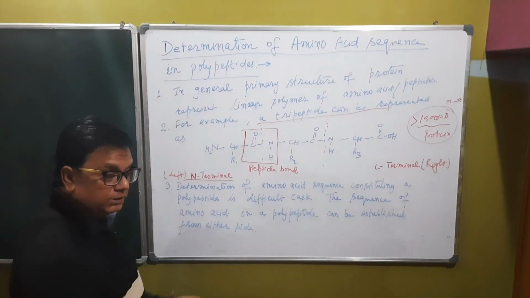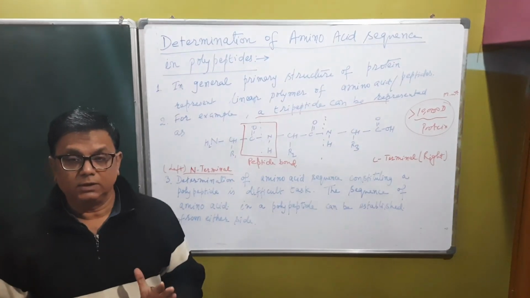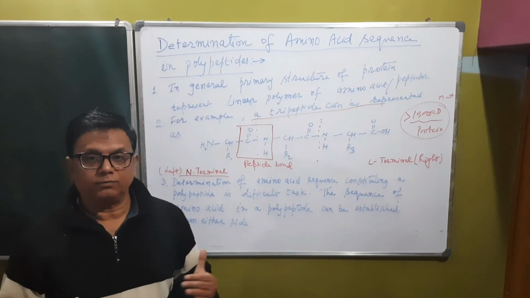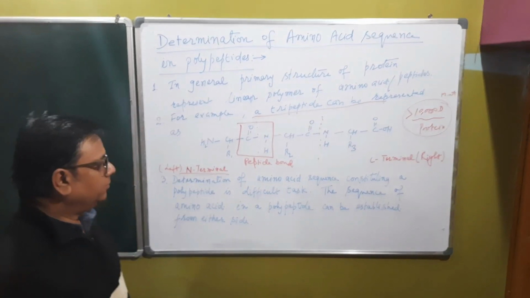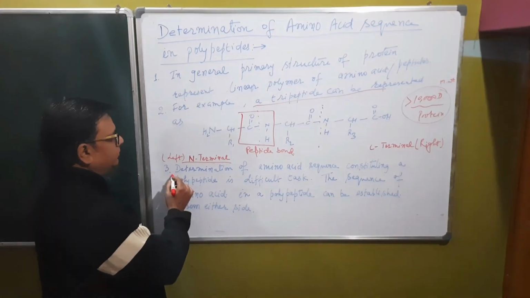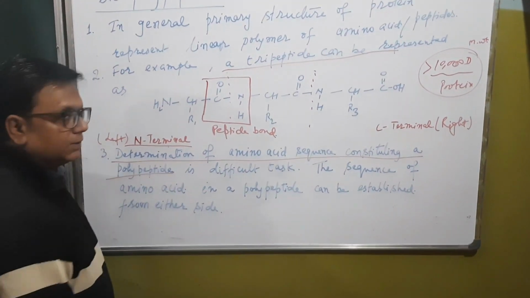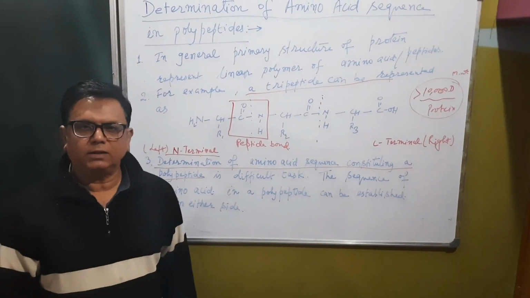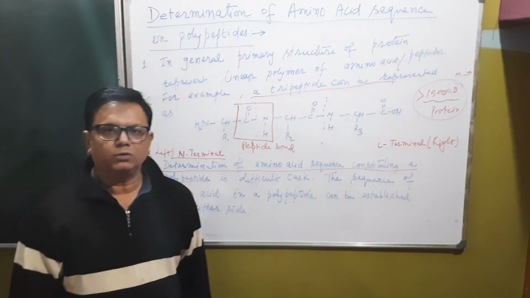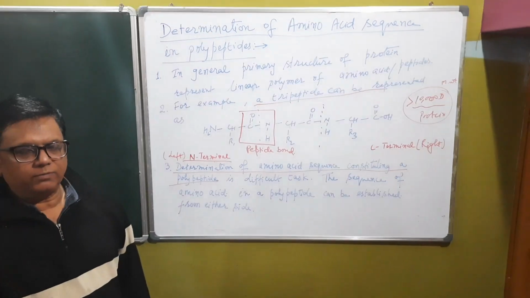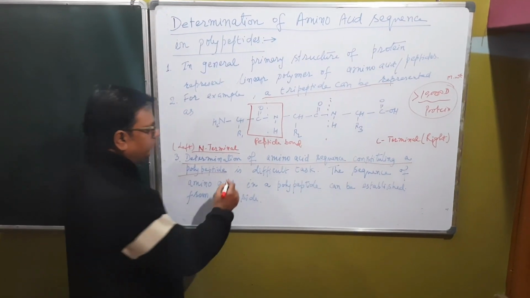But it is a very difficult task. We will give an example after that. Determination of the amino acid sequence constituting a polypeptide is a very difficult task, since when you say polypeptide, the number of amino acids is much more than 4, 5, 6, 7, 8.